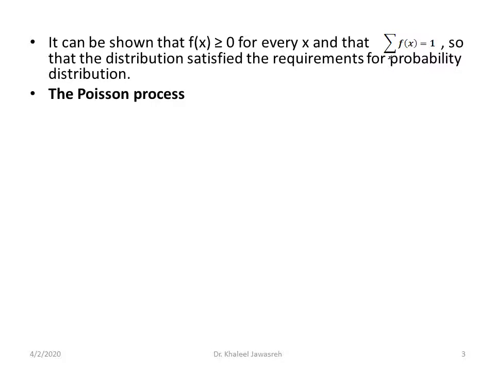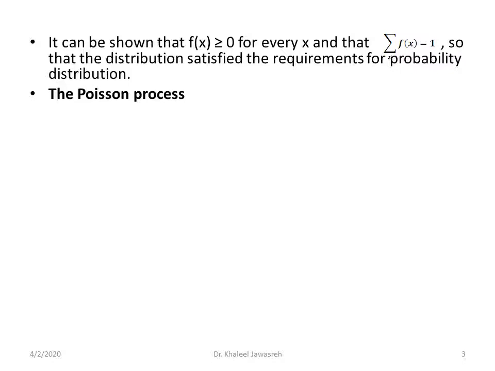It can be shown that for this distribution, as we discussed earlier, the probabilities have the same characteristics: f(x) should be greater than or equal to 0. It cannot be negative or more than 1, because the summation of all the f(x)'s should be equal to 1.